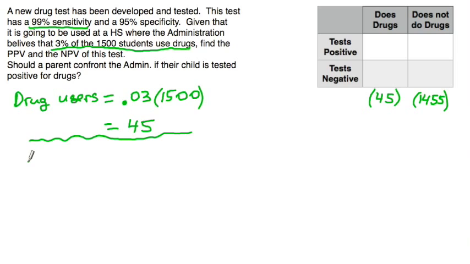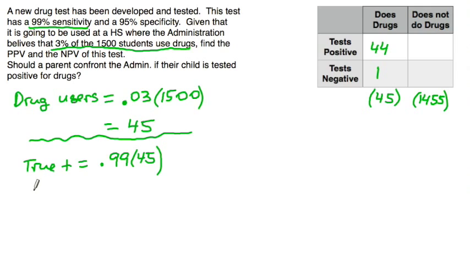So the true positives is going to equal the 99% of these 45 students. And we'll round it to the nearest student. So let's see here, 0.99 times 45 is 44.5. Let's round down so we can at least have one negative test. So test positive, 44. Test negative, maybe 1. Alright, so that would add up to your 45.